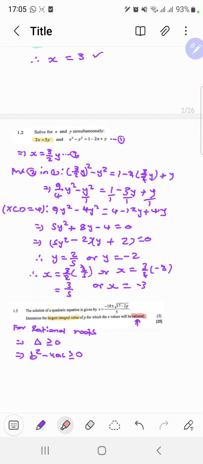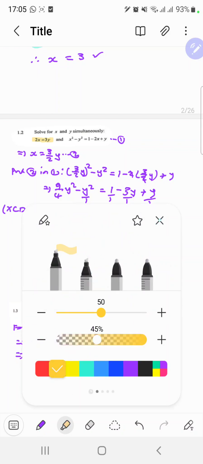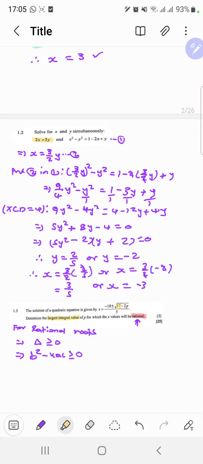And where is our discriminant in our question? The discriminant is what is under the square root sign. So they've already sorted that discriminant for us. This implies that 17 minus 2p is greater than or equal to 0. Okay, not a problem. And then what do we say here? We just solve this linear inequality.